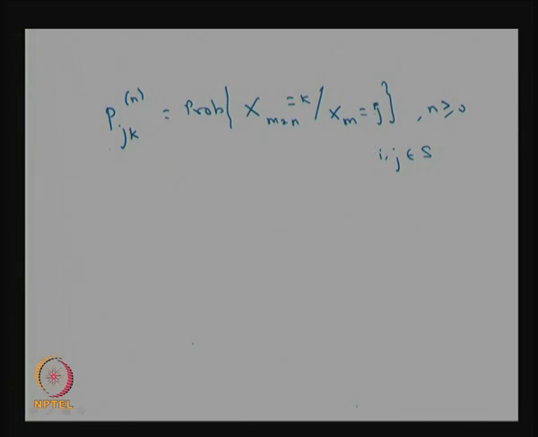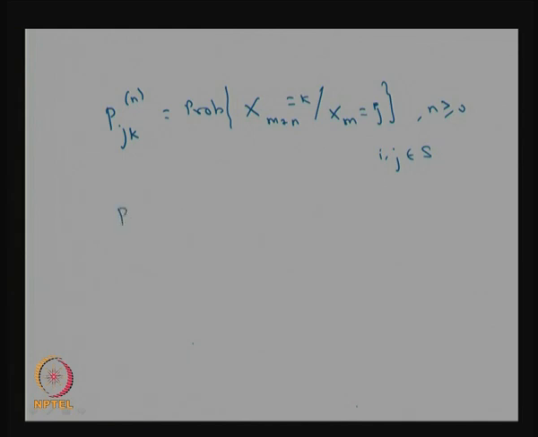So, we denote it as the conditional probability p_{j,k}^{(n)}, where j, k belong to S, where S is the state space and n can take values greater than or equal to 0.